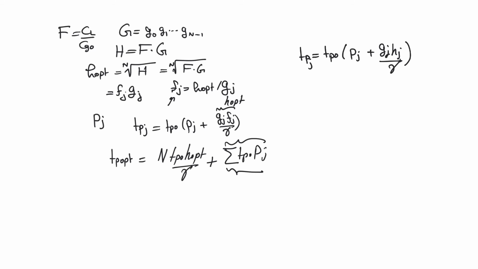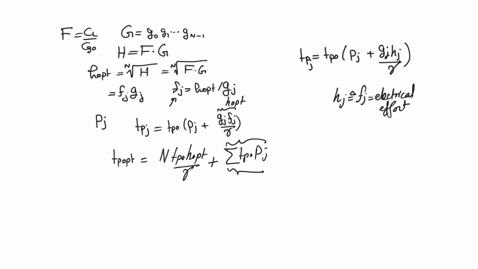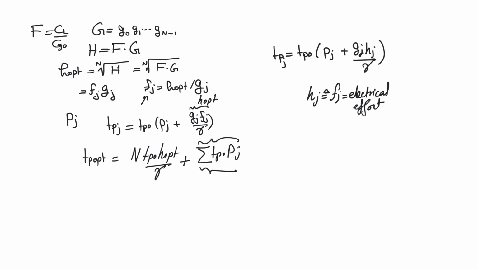And in this terminology, H is actually used in place of fan out, Fj, and is given the name electrical effort. So I'm just using Fj as a term that we used with inverter chains. I keep using it with logic chains because it really still has the same meaning. But sometimes H is used as an indicator of F instead of an indicator of the total effort G times F.